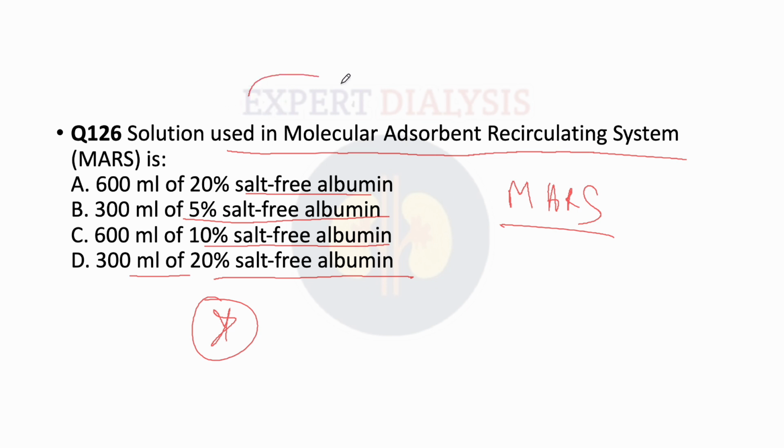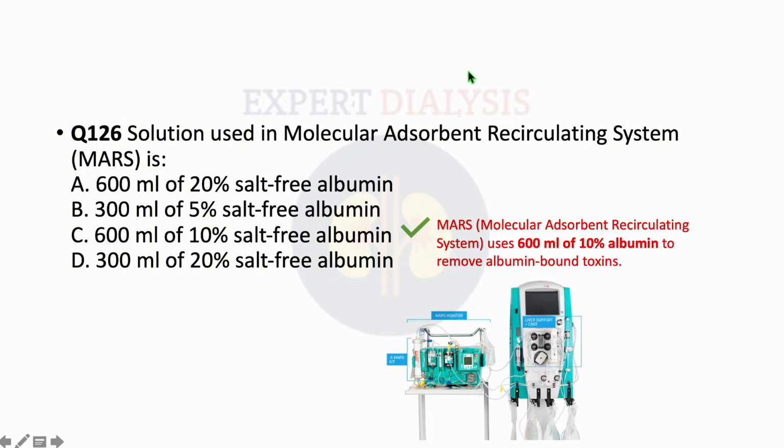Before you do this question, if you don't know much about this topic, I have made a dedicated video on this, so you can also watch that. Moving to the right answer, it will be 600 ml of 10% salt free albumin. The MARS system uses around 600 ml of 10% albumin to remove albumin bound toxins.